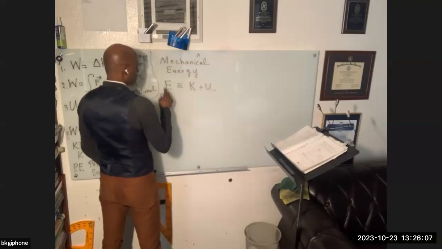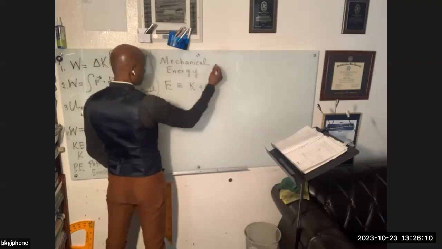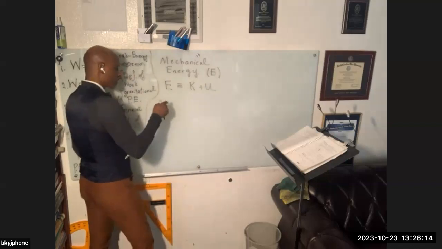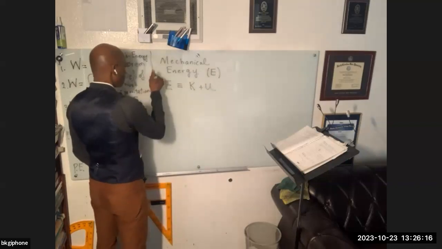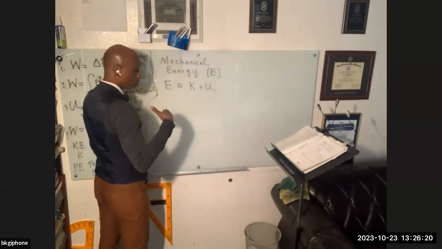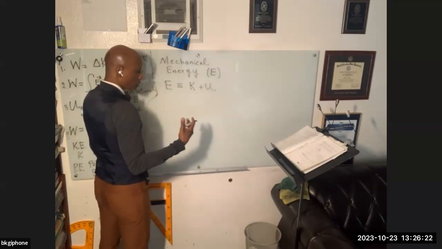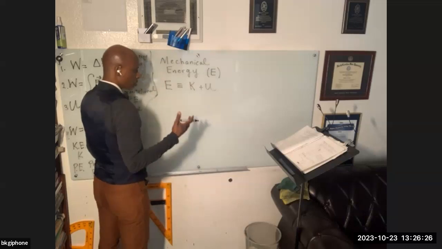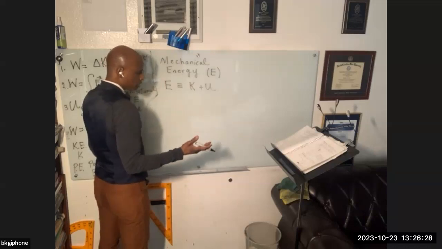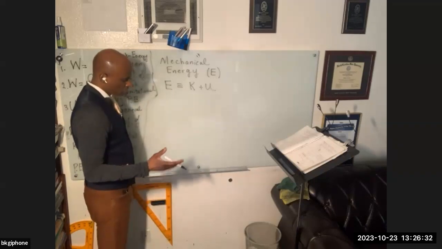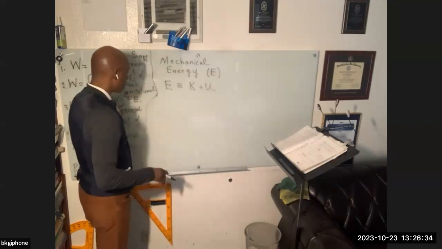And so the capital symbol E is the symbol for mechanical energy. And again, that's a distinction. So mechanical energy is different from heat, is different from thermal energy, is different from radiation energy associated with radiation. So different types of energies.